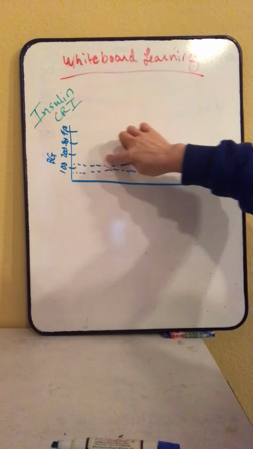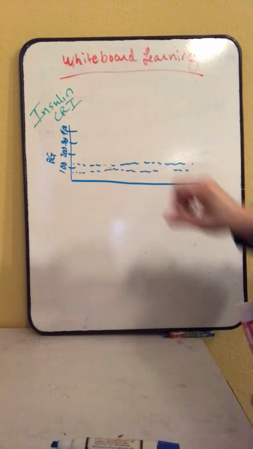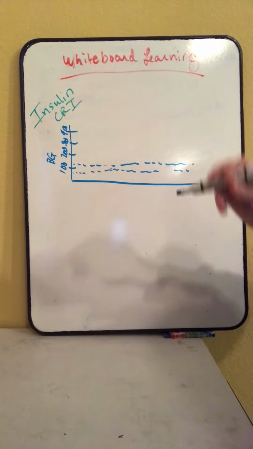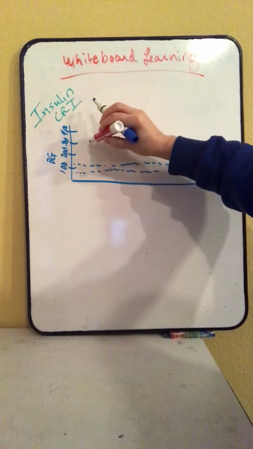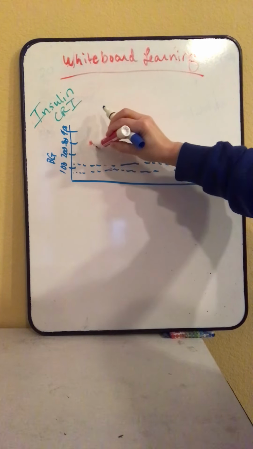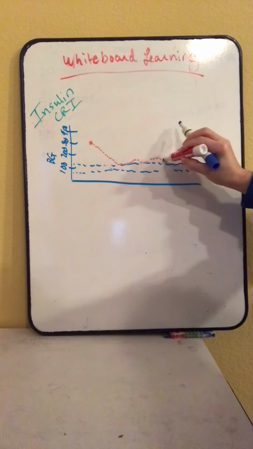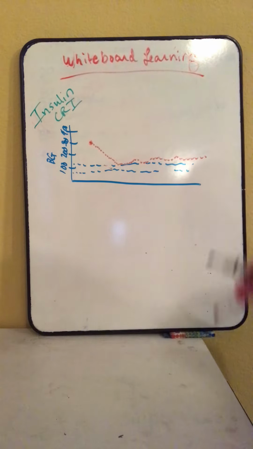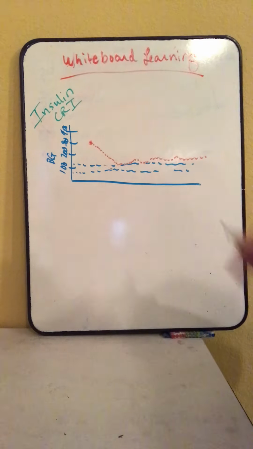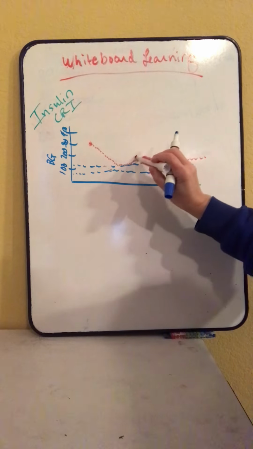And so when we do a CRI, what we try to do with the patient's sugar is start here and make our way down to an acceptable range and stay in there by providing variable amounts of insulin. So let's say it's starting to come up a little bit.